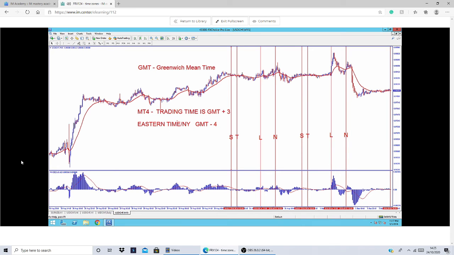One more time, the trading charts of MetaTrader 4 typically are based on the broker's location, and most of the time it's GMT plus 3. New York time is GMT minus 4.